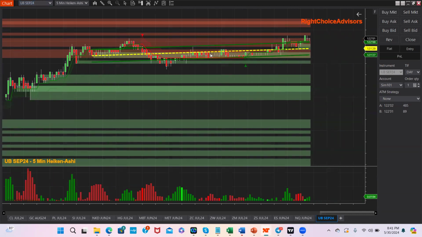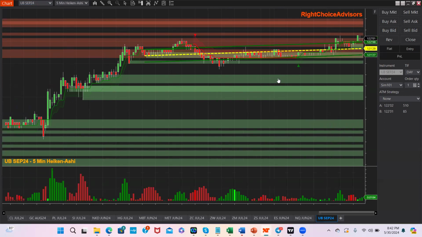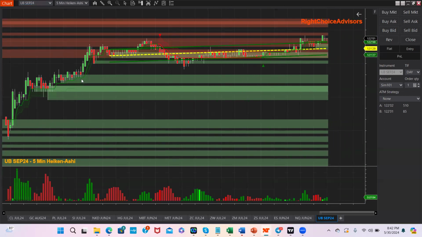So now it is just moving in a sideways direction. Okay, overall it is bullish. We can avoid UB. But basically now we'll wait for the algo to take the signals.